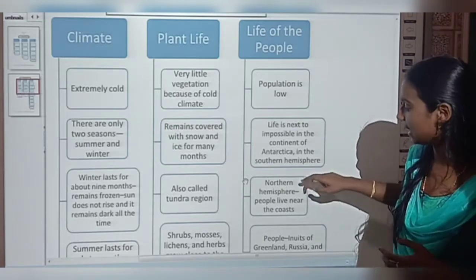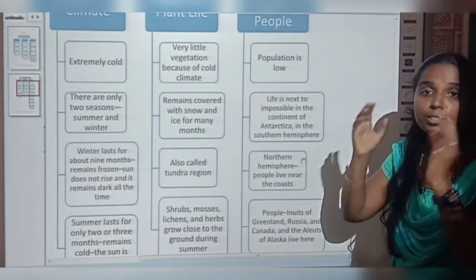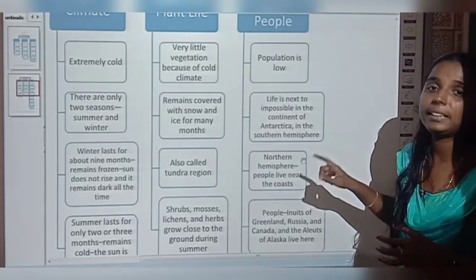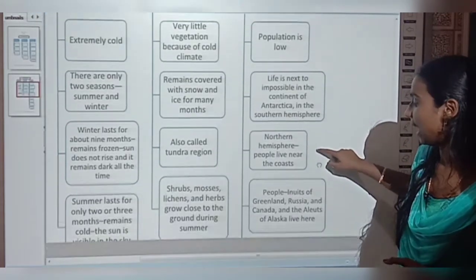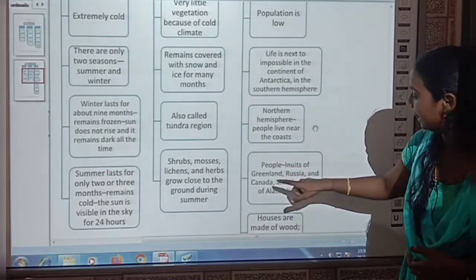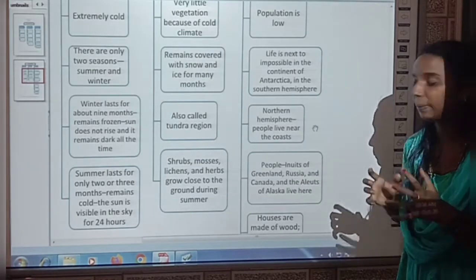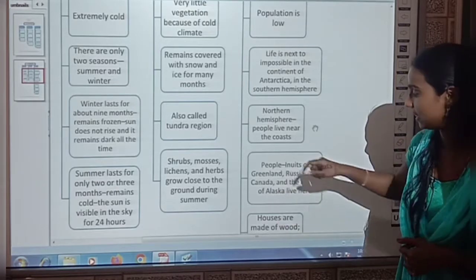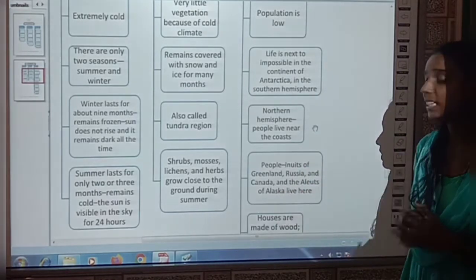And how is the northern hemisphere? In the frigid zone of the northern hemisphere, people live near the sea coast, near the coastal areas. The people from Greenland, Russia and Canada are known as Inuits, and the people living in Alaska are known as Aleutians.